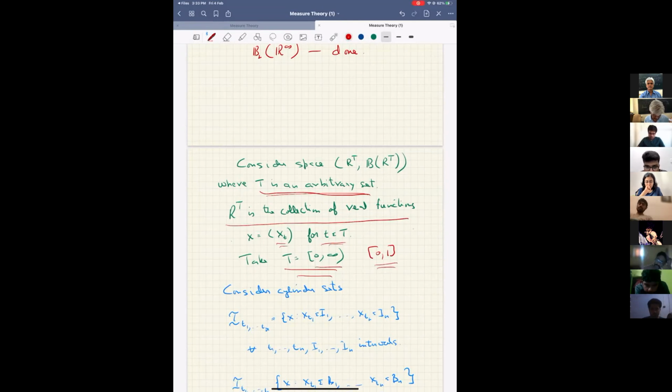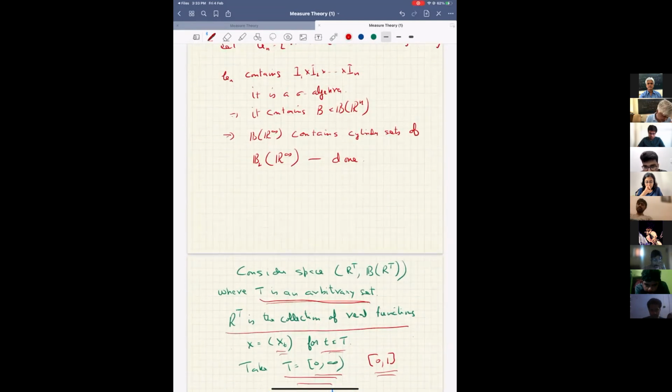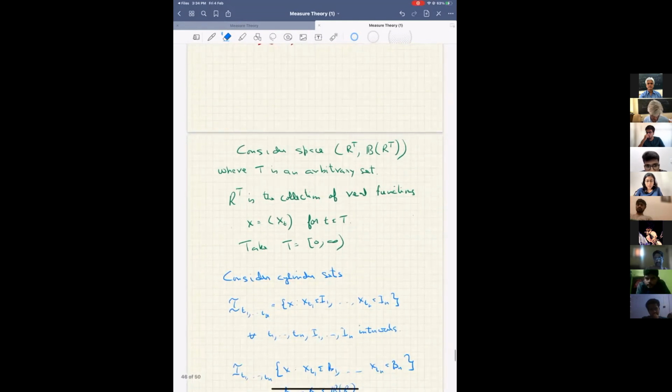So how do we define cylinder sets on this? We kind of want to push the idea of cylinder sets now. On some finitely many points, the function value is restricted to B. Right, exactly.